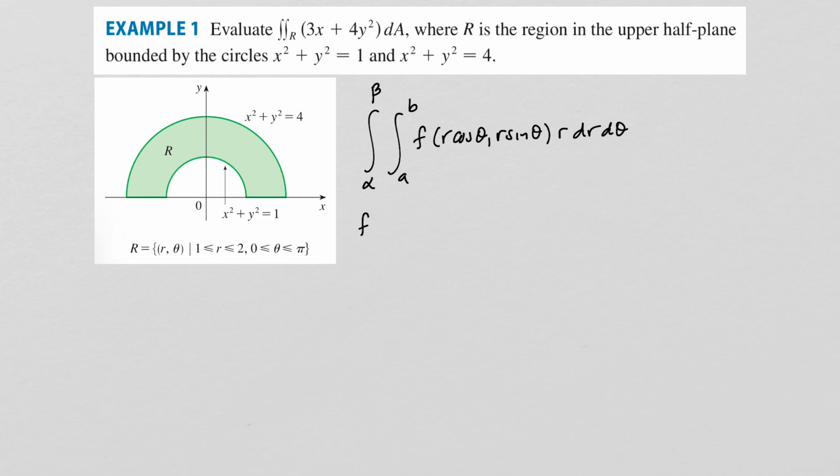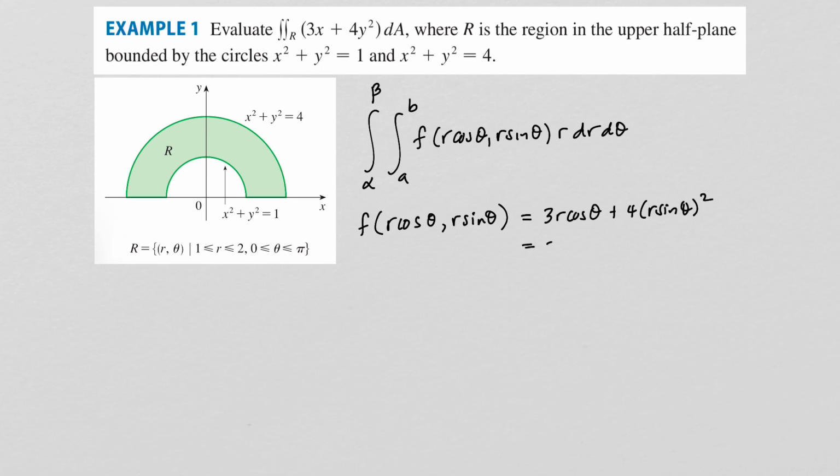So let's go ahead and look at each part of this. f of r cosine theta, r sine theta means that we are going to replace x with r cosine theta and replace y with r sine of theta. And so this becomes 3 times r cosine theta plus 4 times r sine of theta squared.